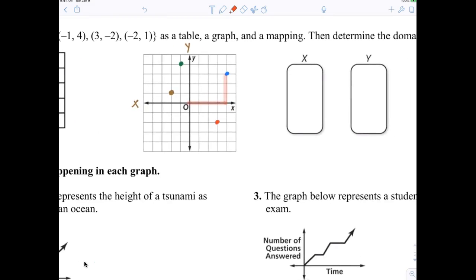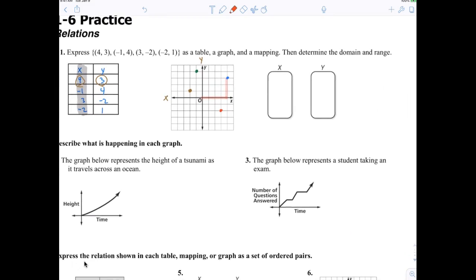Now in your mapping, here's where I said generally we put them in numerical order. So the smallest number was what? -2, then -1, then 3 and 4. But I said if you don't do that, do I care? No, I don't. Then on the range, it was -2, 1, 3, and 4.